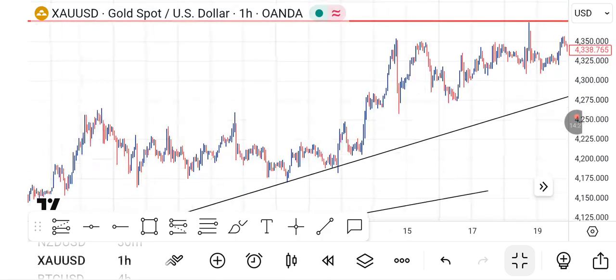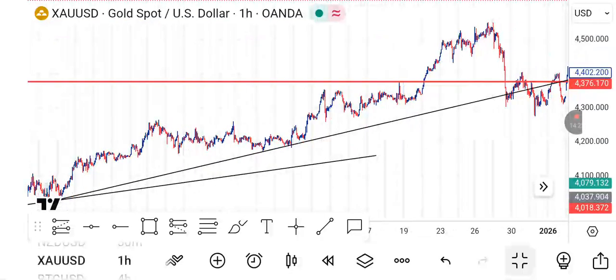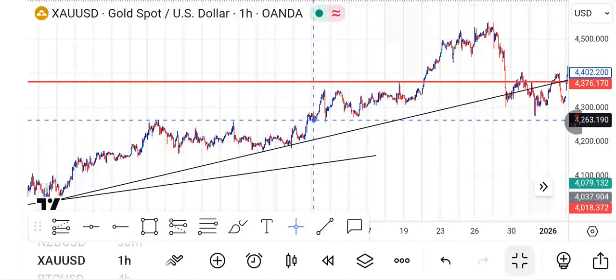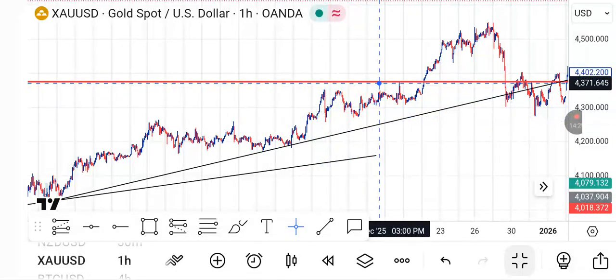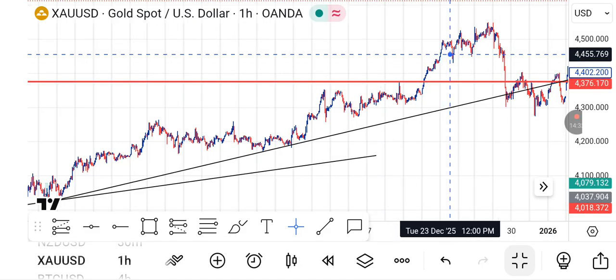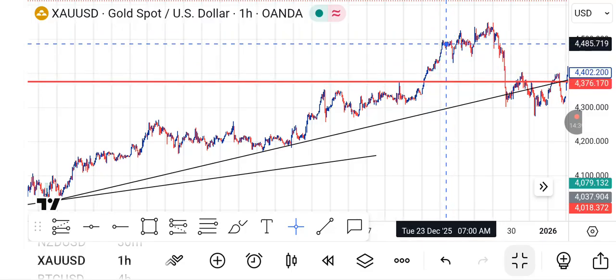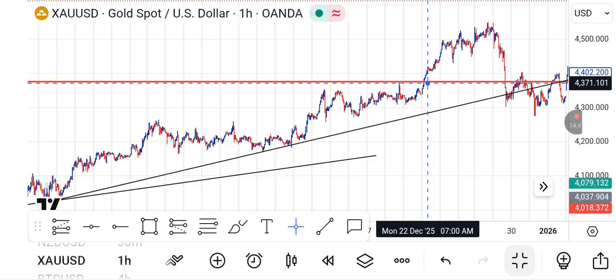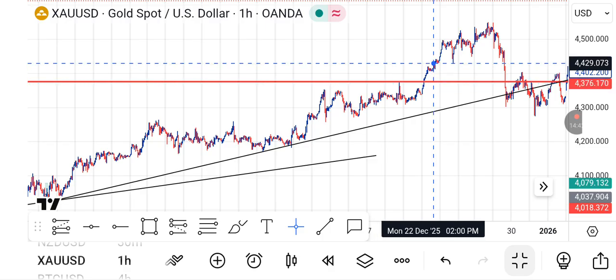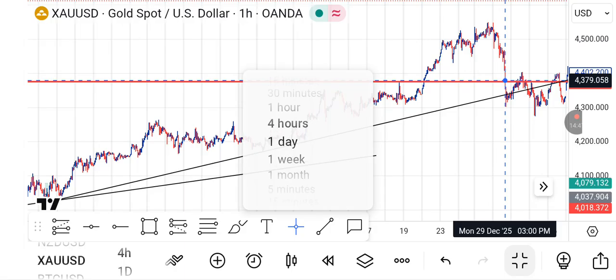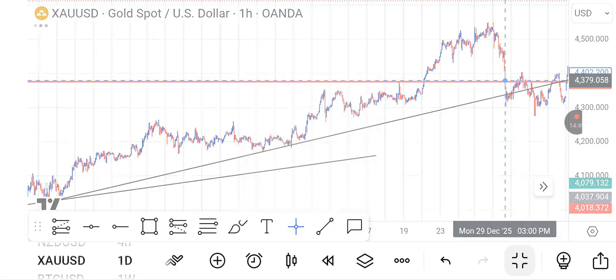You see that it moves up to this resistance before breaking this major resistance, and it came back to retest it. Let me explain something to you guys.